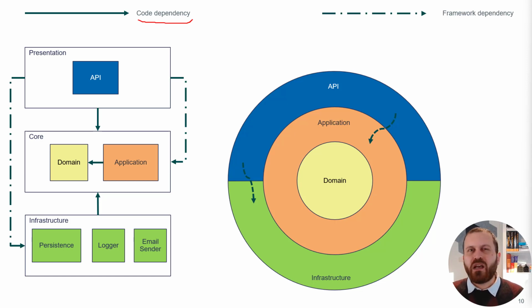There is a misconception about the dependencies when you are talking about the architectures, because eventually you will realize that another layer, for example, API, is going to have a reference to persistent, logger, and email sender. Do not confuse these two types of dependencies that we have.